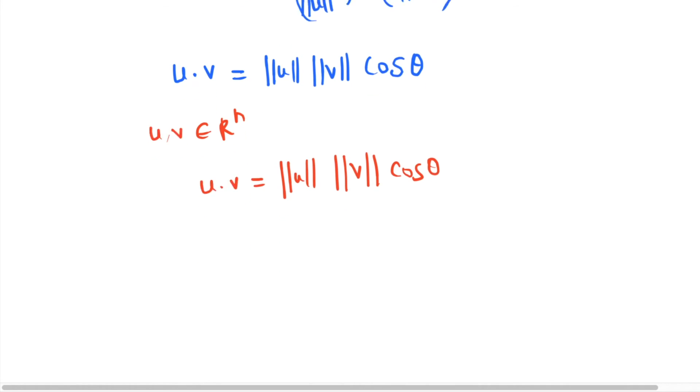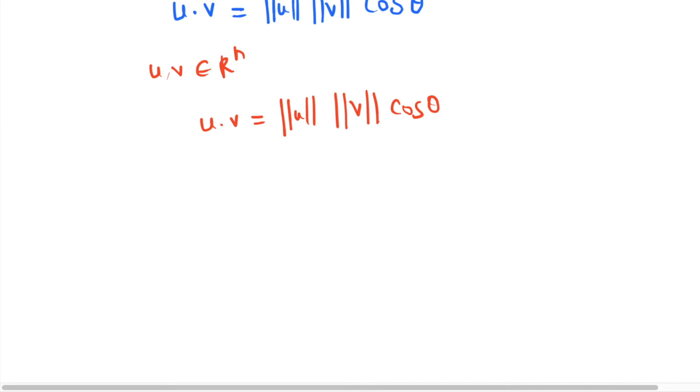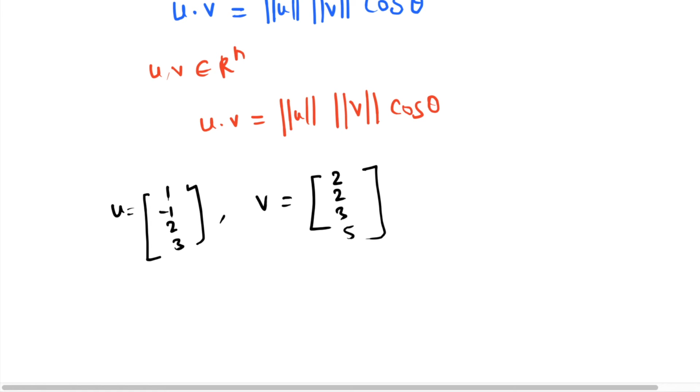So let's take an example to make things more clear. Let's say u is equal to 1, -1, 2, 3, and let's say v is equal to 2, 2, 3, 5. So u dot v will be equal to 1 into 2 minus 1 into 2 plus 2 into 3 plus 3 into 5, and this will be 21.